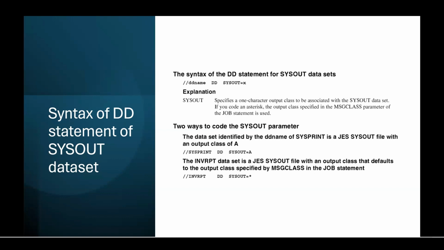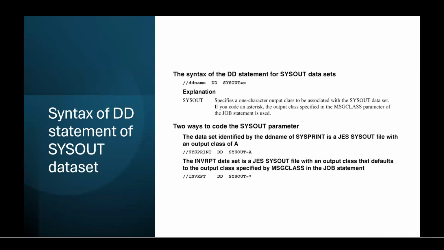The data set identified by the DD statement SYSPRINT is a JES SYSOUT file with an output class A. That's why they have provided SYSOUT equals A. And the other one, the INVRPT data set, is a JES SYSOUT file with an output class that defaults to the output class specified by the message class in the job statement. That's why we have written it as an asterisk.